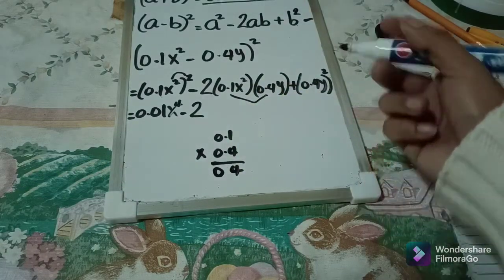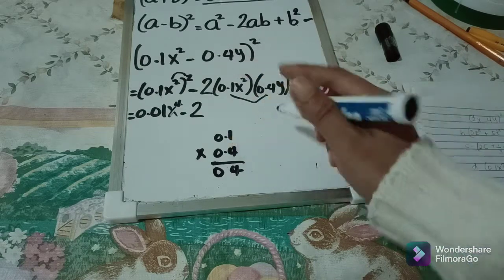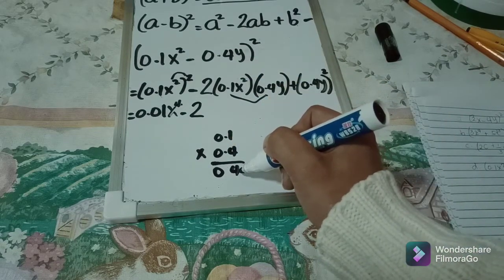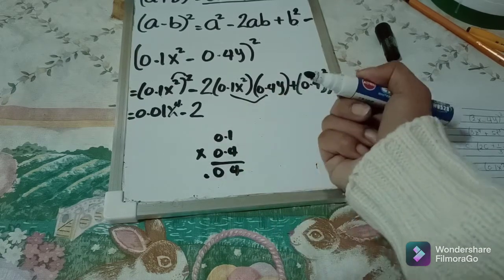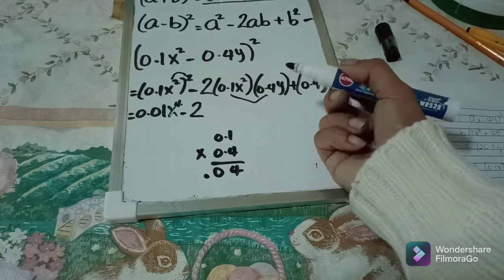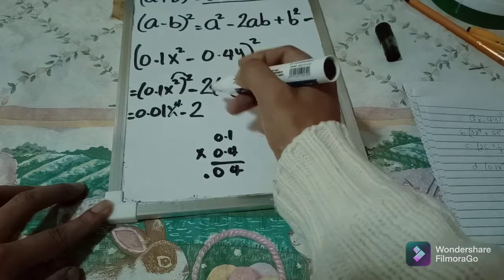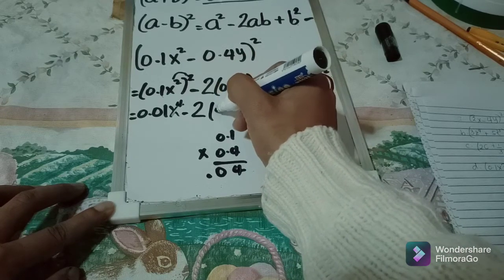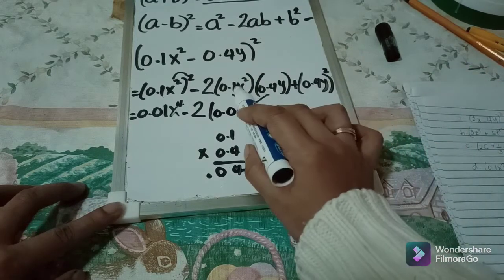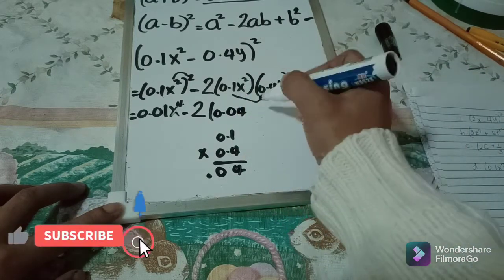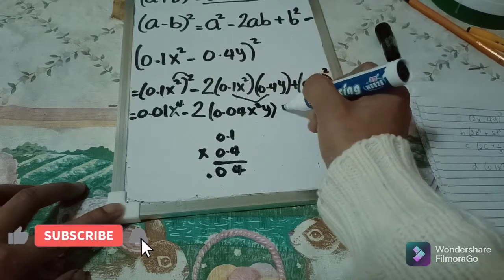Saan natin ilalagay yung decimal? Bilangin kung ilan ang decimal numbers. 1, 2. Count from the right ng dalawang digit, no? To the left. 1, 2. So, dito yung decimal. So, that means, ang 0.1 times 0.4 ay 0.04. And then, x squared times y, that is x squared y.